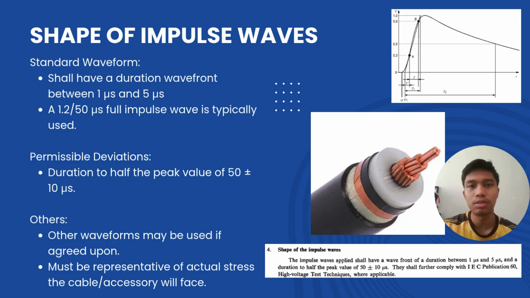In some special cases, other waveforms may be used, but only if mutually agreed upon by the testing authority and the manufacturer. This alternative waveform must effectively test the insulation under realistic stress conditions.